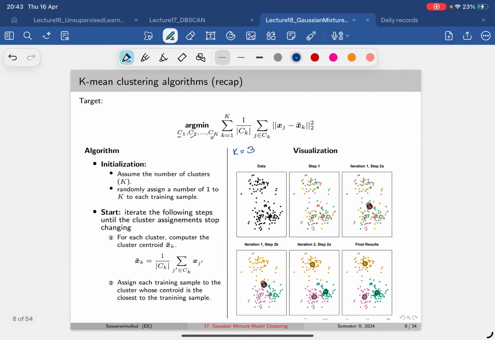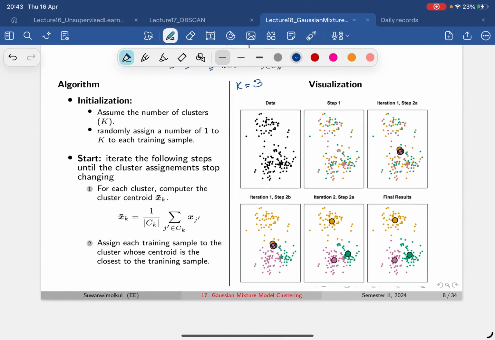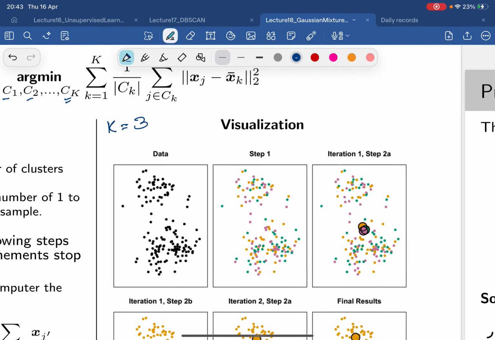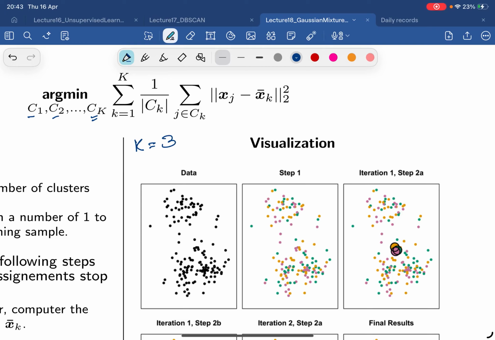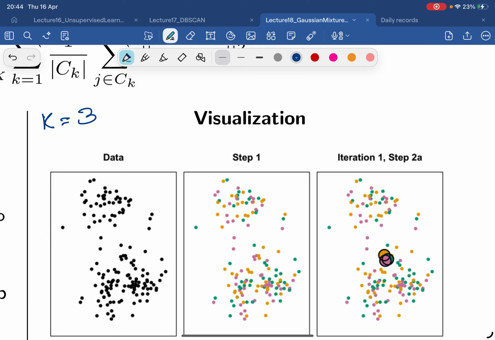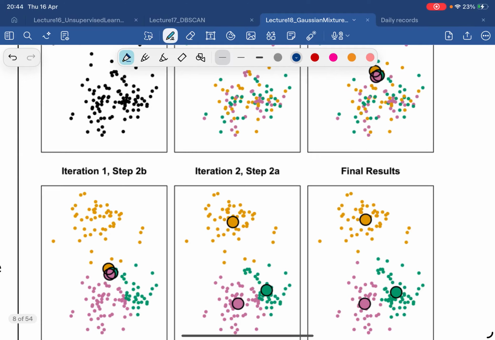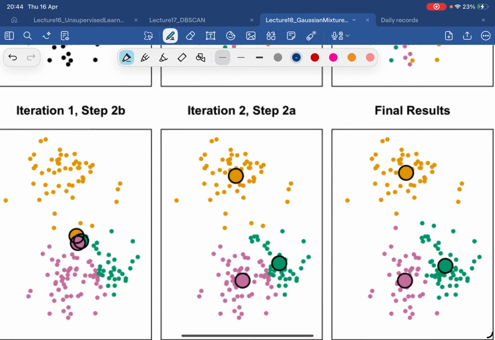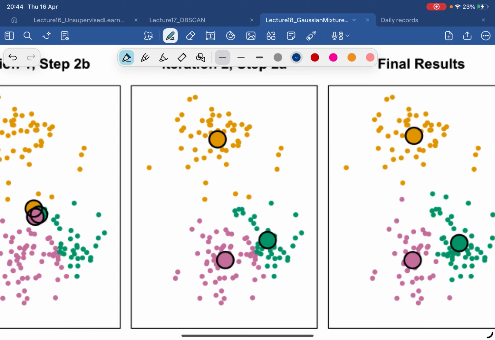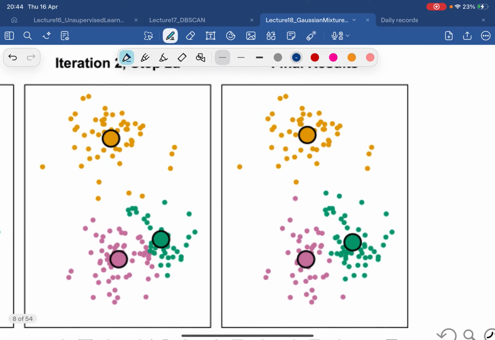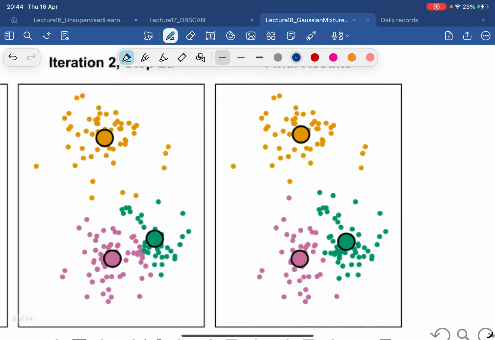The way this algorithm does the clustering is based on finding the centroid. When the centroid is found, it will allocate the points to that centroid, then move the centroid to the location where most points are. That is, we recompute the centroid, reassign the points to the closest centroid again, and recompute the centroid again. That's the procedure.